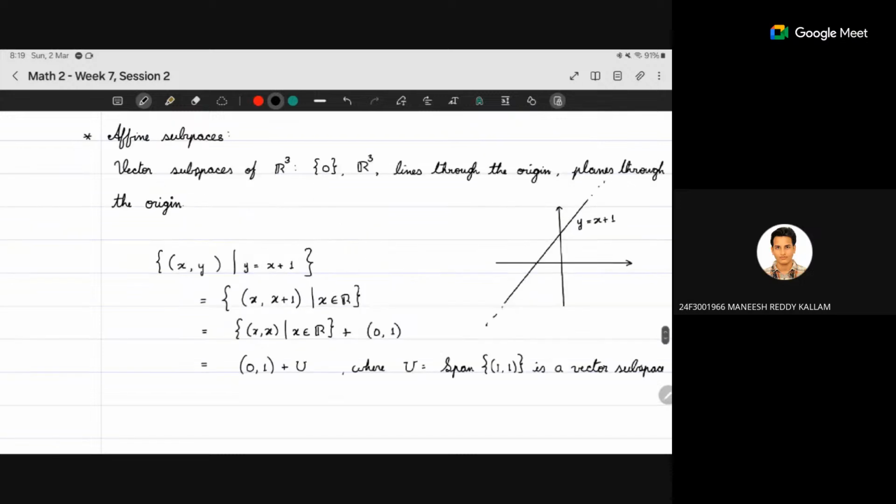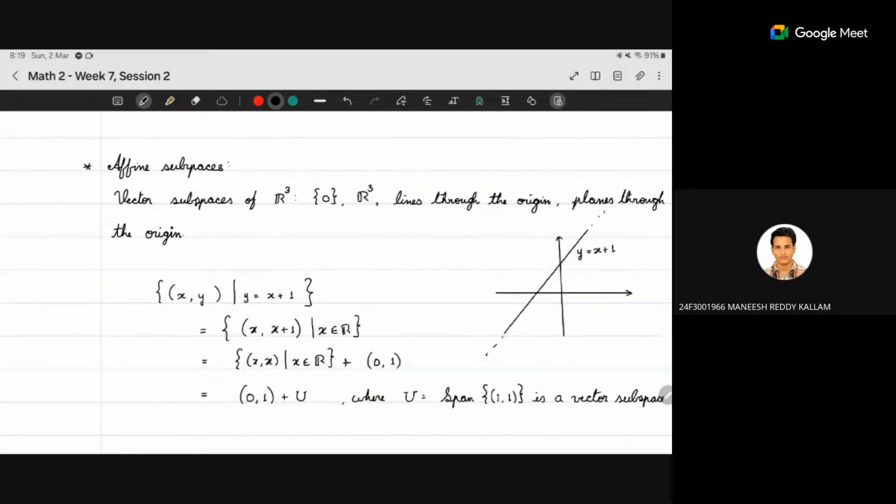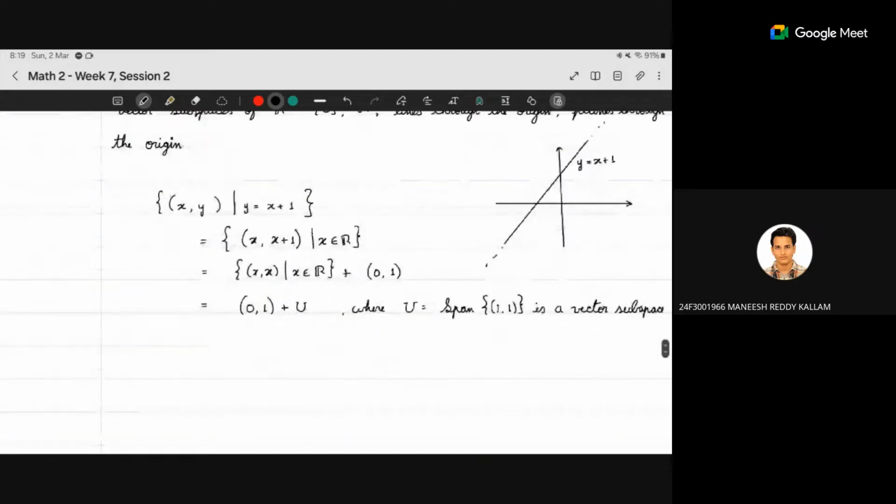So from lines through the origin, I want to try and capture every possible line. Let us say that is my objective.